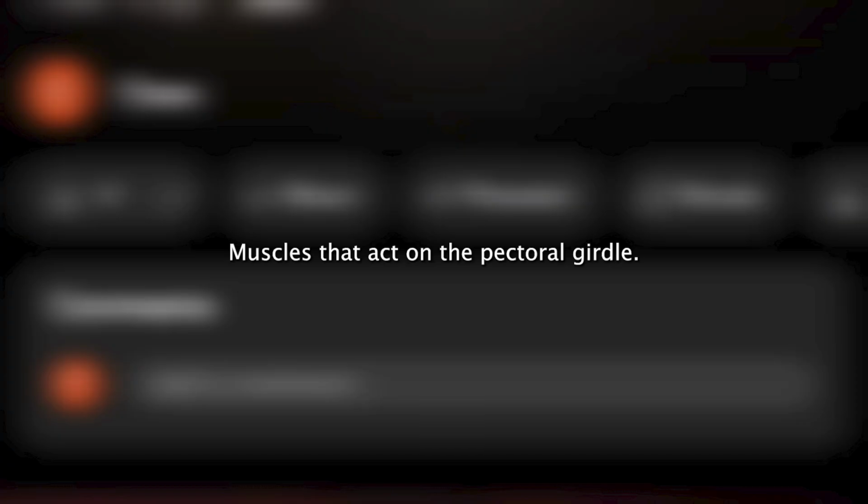Okay, muscles that act on the pectoral girdle. What's the pectoral girdle? You just did it yesterday. What does it do?